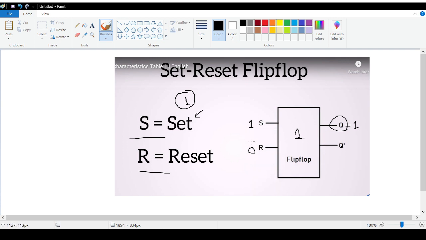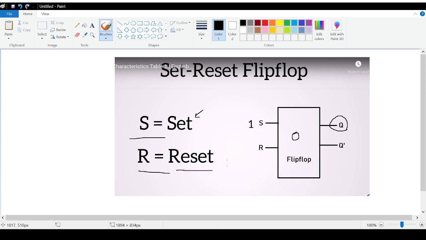So if S is 1 and R is 0, my flip-flop stores the value 1 and the value of Q is 1. Now let's say I want to store the value 0 inside the flip-flop. What we can do is reset the value. Resetting means setting the value to 0.